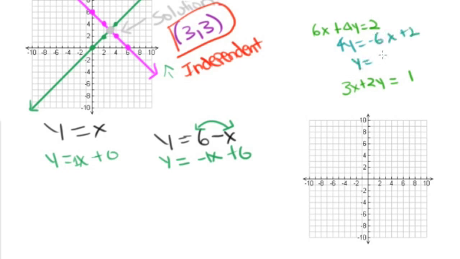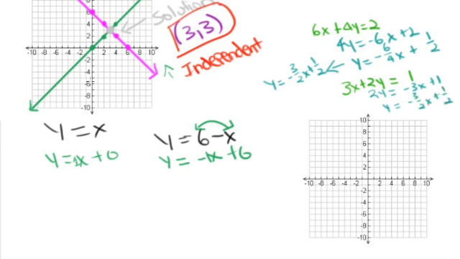So y equals negative 6 over 4 x plus 2 over 4, which is 1/2. So y equals negative 3 over 2 x plus 1/2. The second one: 2y equals negative 3x plus 1, so y equals negative 3 over 2 x plus 1/2.